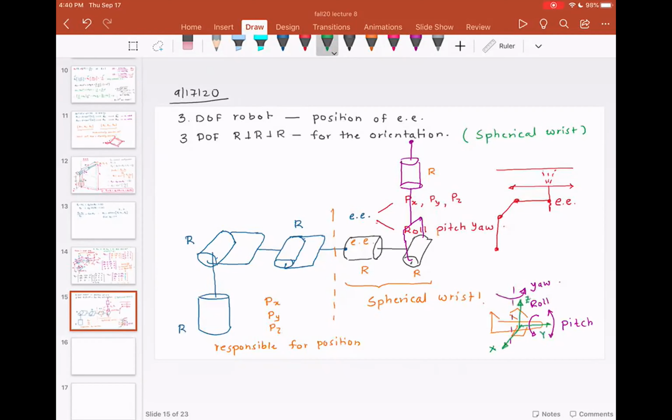So I want you to understand this. Roll is about the y-axis, pitch is about the x-axis, and yaw is about the z-axis.